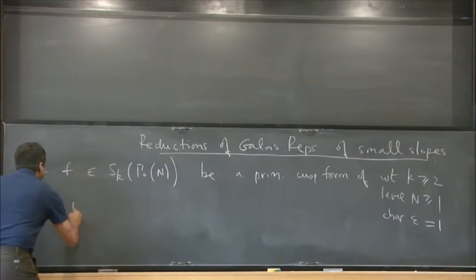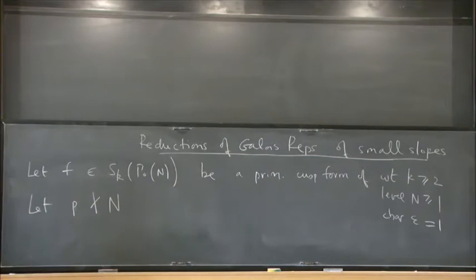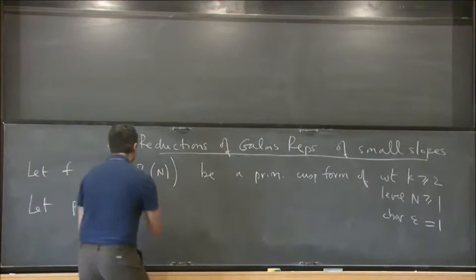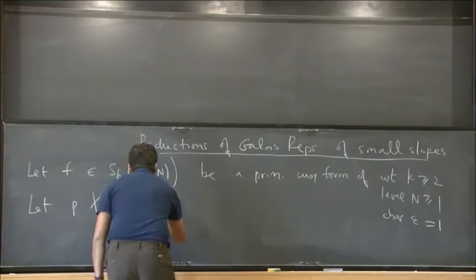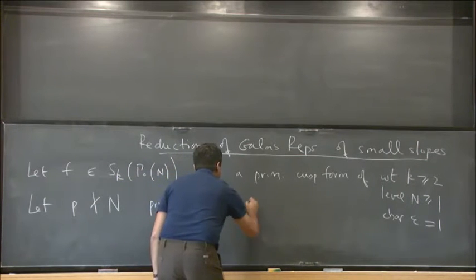Let's fix a prime p, which is away from the level. So this whole talk will be about the good reduction case. And for simplicity, even though one can do p equals 3 in many cases, let me just assume p is bigger than 5.